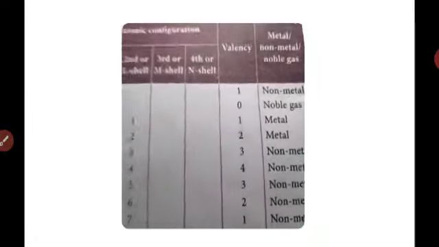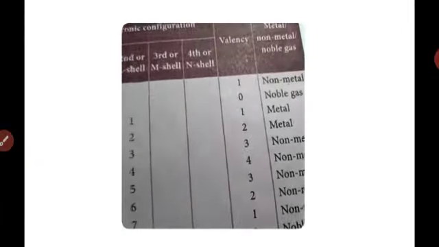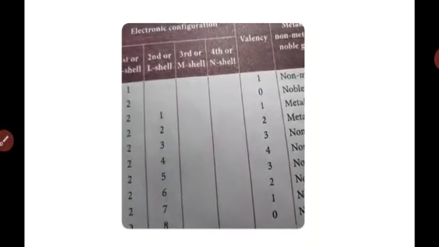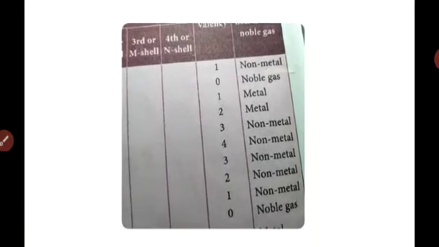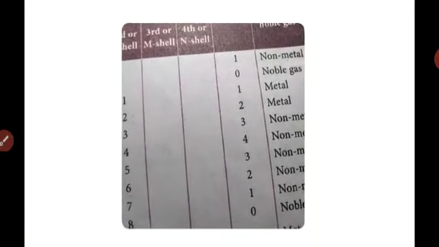The first shell is occupied by only 2 electrons. So it is stable, the valency is 0. 0 valency means noble gas.